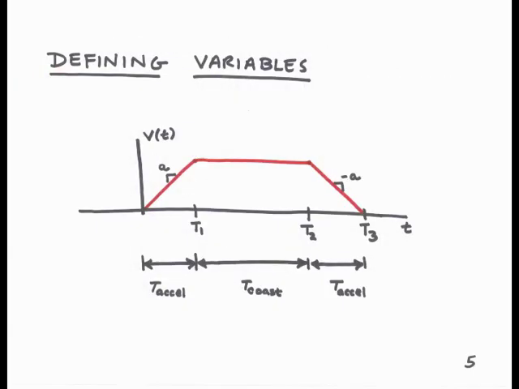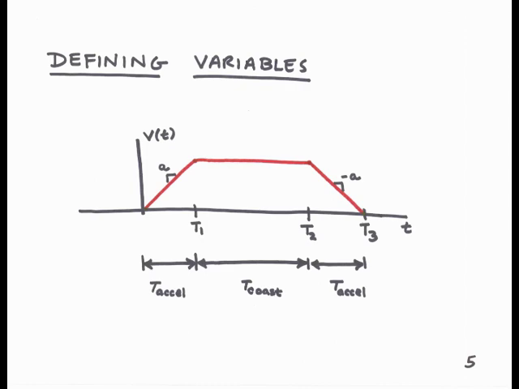To summarize, we specified the velocity profile as trapezoidal, consisting of a period of acceleration to time t1, a period of constant velocity between time t1 and t2, and a period of deceleration from time t2 to t3. The acceleration and deceleration were done at the same rate.